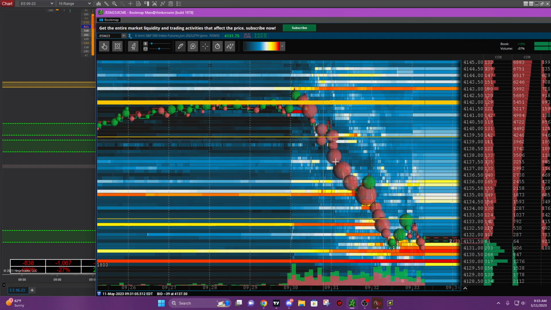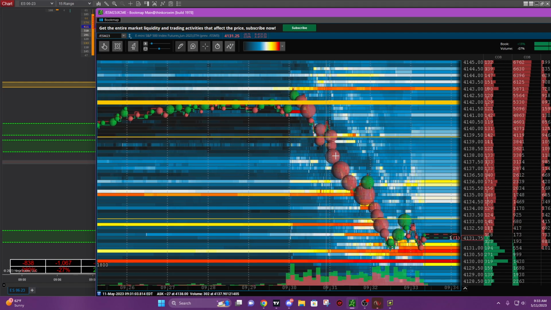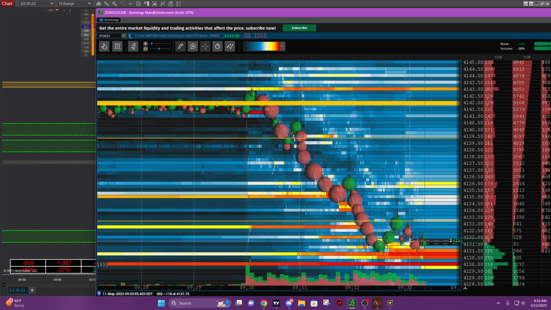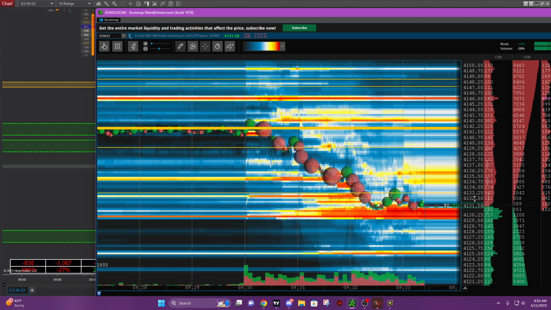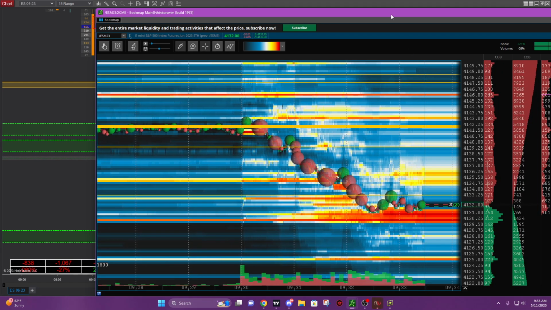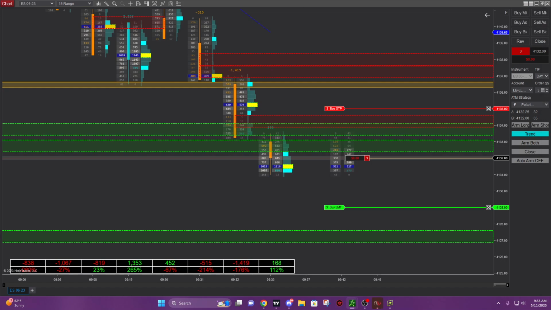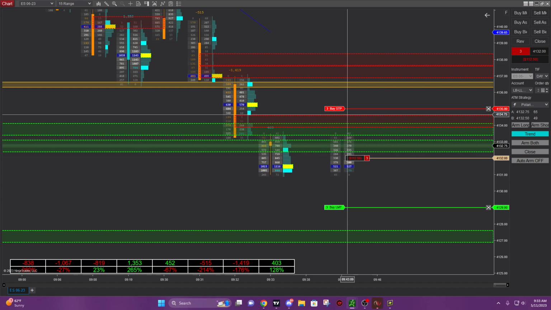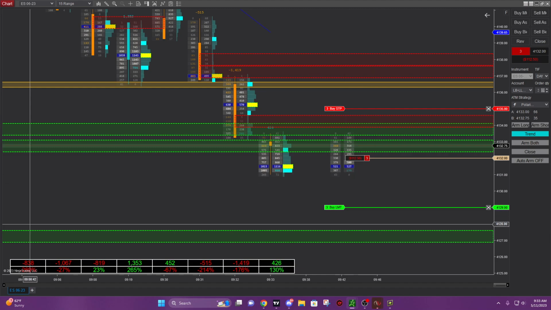So the bigger the dots, the bigger the selling pressure. There's a lot of selling pressure right now. You can see this is a big area of passive orders, and we're bouncing at that right now. I'm hoping we can move down, obviously, because we're in a short trade.